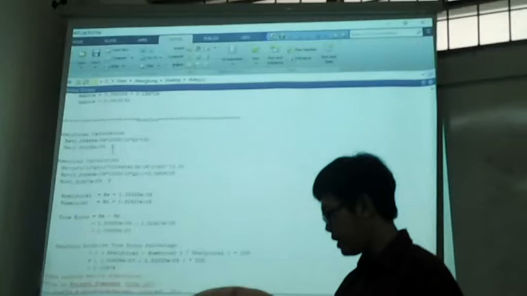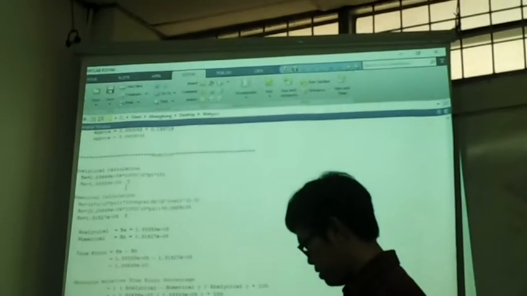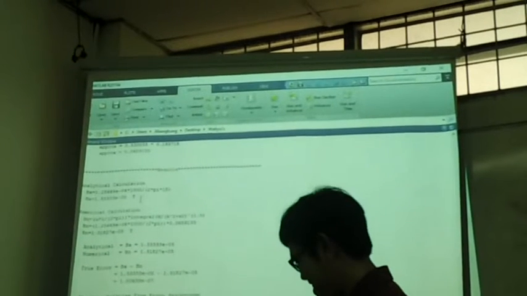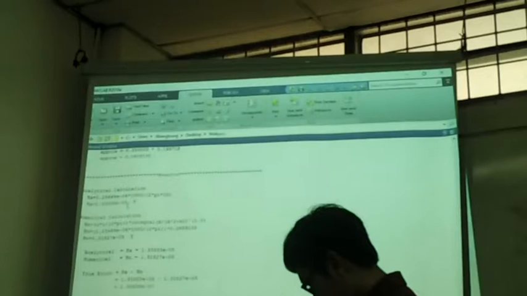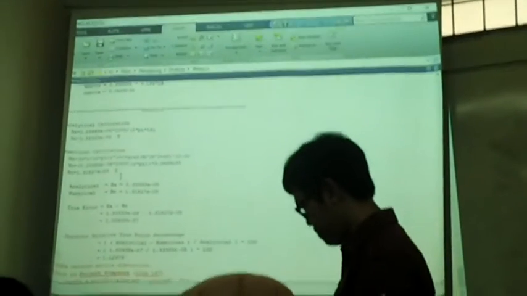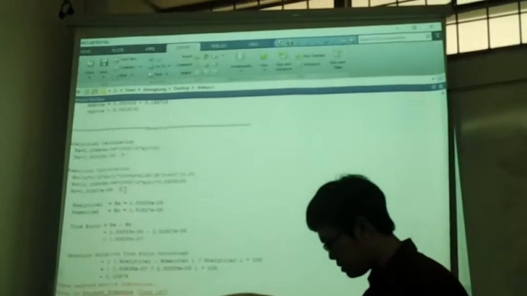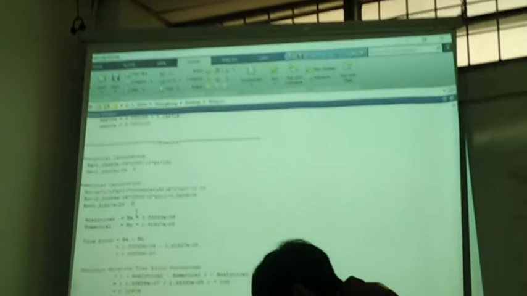The result is this graphic. Using analytical calculation, we get 1.3 times 10 power minus 5 Tesla, and when we use numerical calculation using Simpson, we get 1.3 times 10 power minus 5.